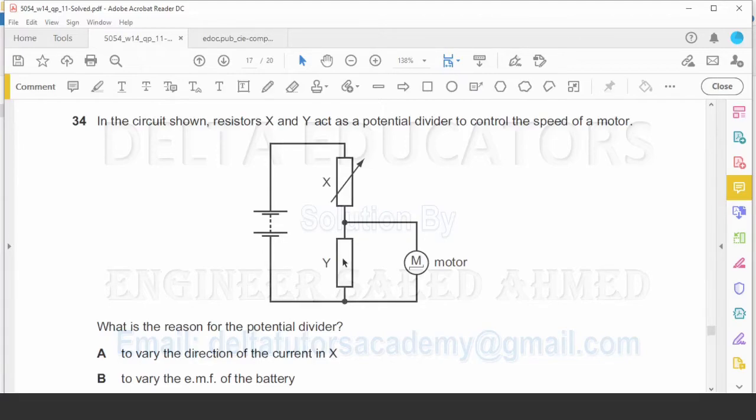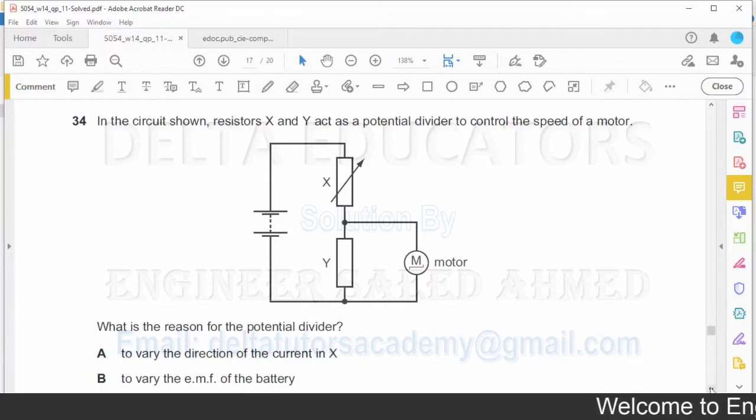Now if the voltage across Y is decreased, then the voltage across the motor M will also be decreased, because this motor M is connected in parallel with Y. So if the voltage across the resistor Y is increased, then the voltage across the motor will be increased, and if the voltage across the resistor Y is decreased, then the voltage across the motor will also be decreased.